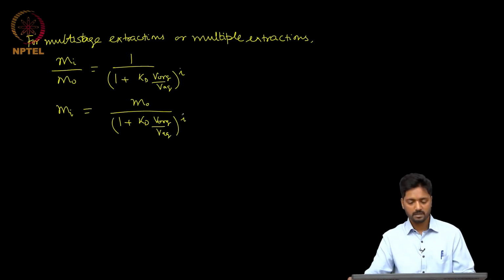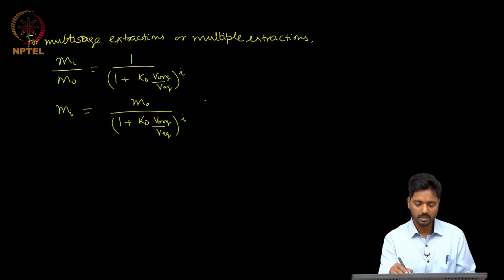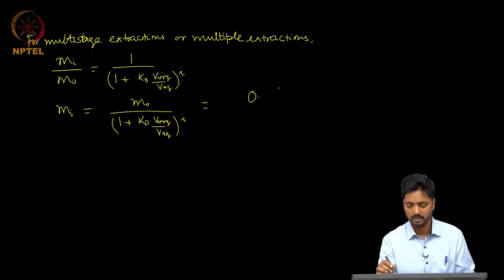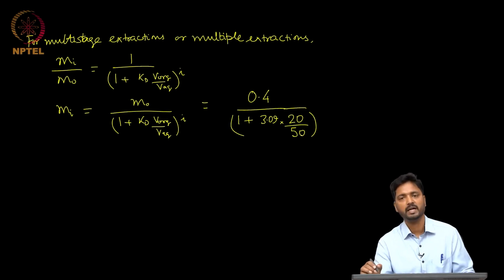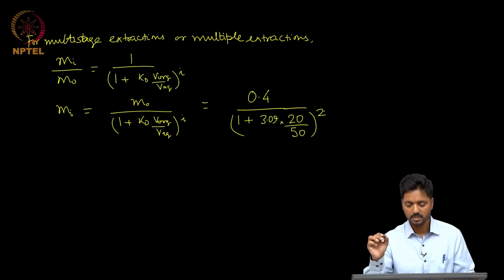Now, here we have all these numbers. M naught is the initial mass of the drug present in the medium, which is 0.4 grams, the Kd value is 3.09, V org in this case is 20 ml, and V aqueous is 50 ml. Finally, we are extracting this twice, so i is 2 here.